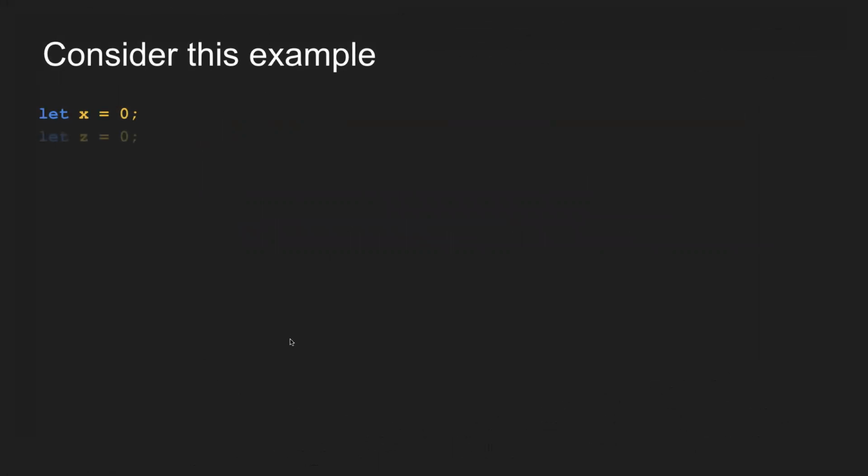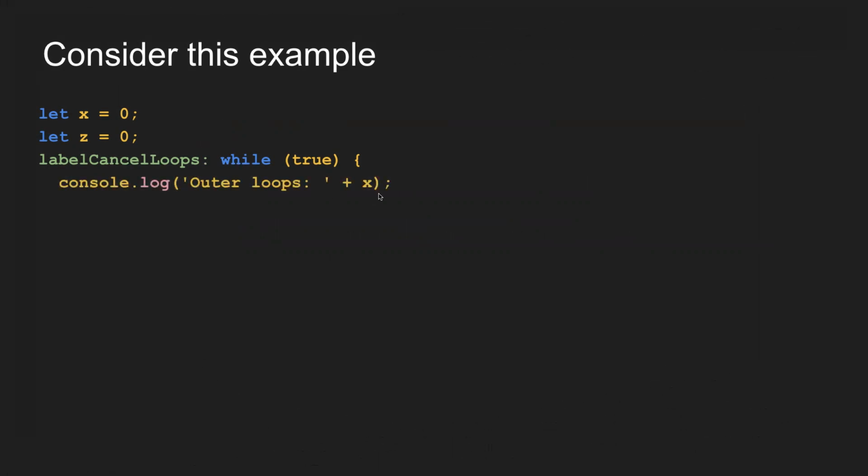So let's consider this example here. We have let x equal 0, let z equal 0. Then we have the label: label cancel loops, colon, while true. Console log x plus 1, z equals 1. While true, console log z plus 1.